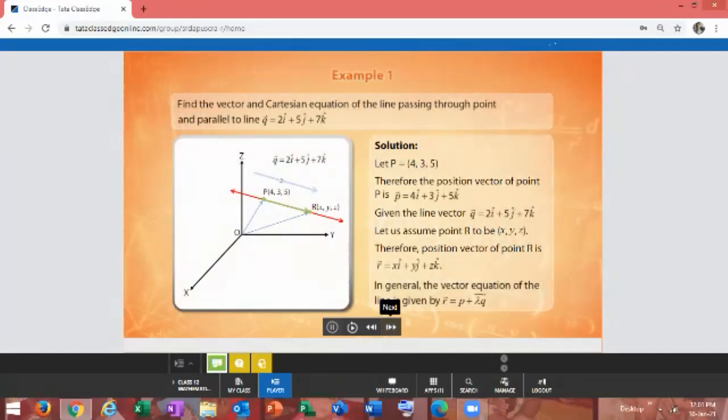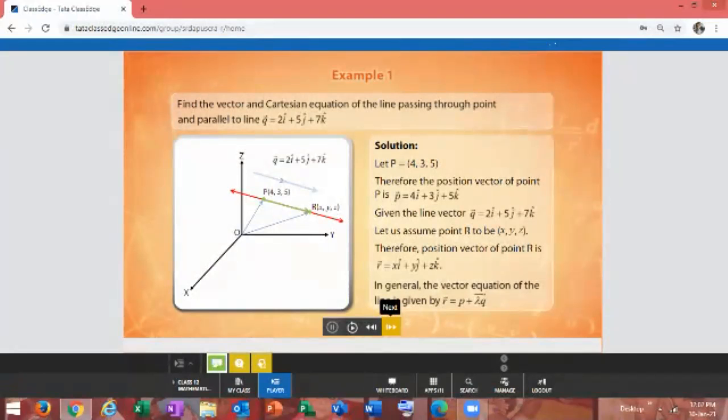Now here, find the vector and Cartesian equations of the line passing through the point and parallel to the line. First of all, you will have to specify the point that is given, and after that you will have to substitute the values to get the answer.